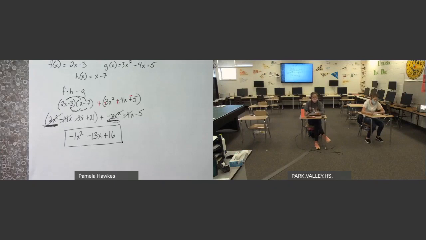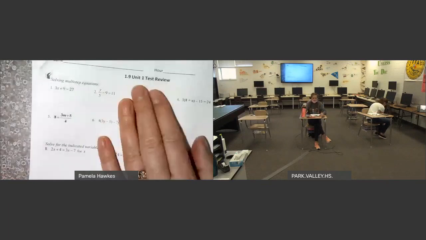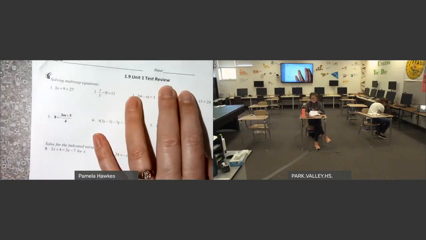So that means we've learned everything, right? If we take our assignment sheet, are there any questions for 1-8 that we need to go over first? No. If you look at your packet, you have unit 1.9, unit 1 test review.